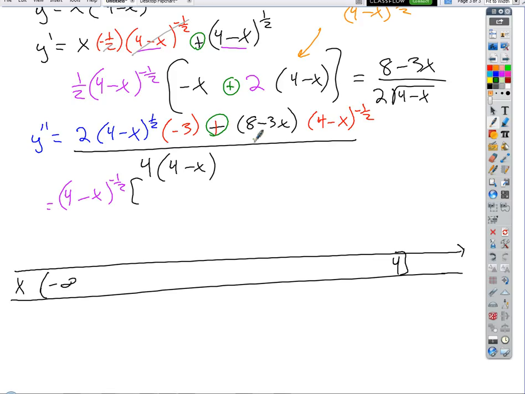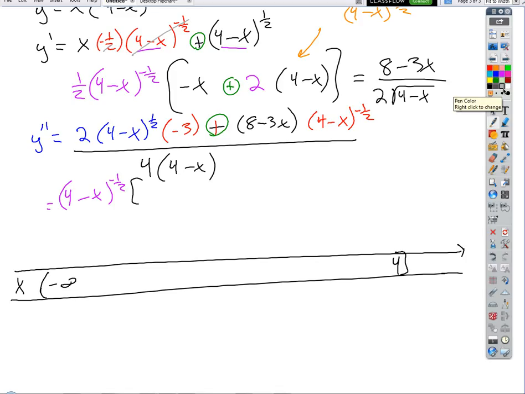But I didn't take out any fractions this time. See the difference? Okay, so I'm just left with, and then what do we end up with?